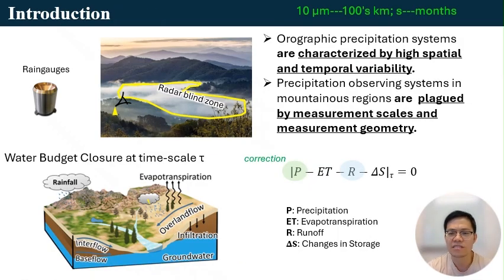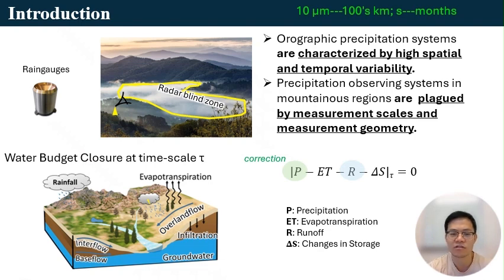So precipitation estimation in the mountains is characterized by high spatial and temporal uncertainties in general, and those uncertainties often depend on scales. In 2022, we developed a framework that allows us to link precipitation uncertainty to runoff uncertainty using the water budget closure at flash flood event scales.